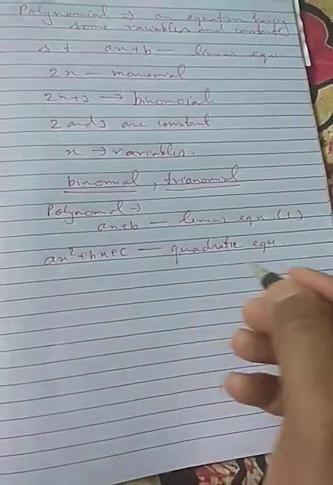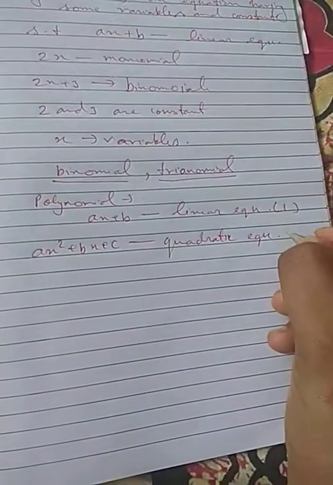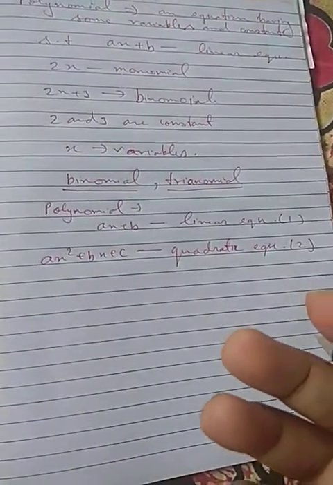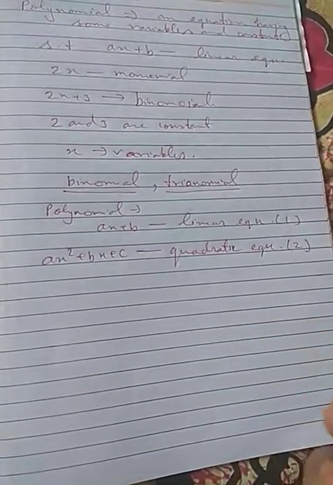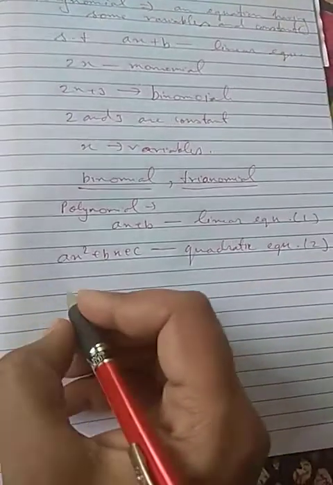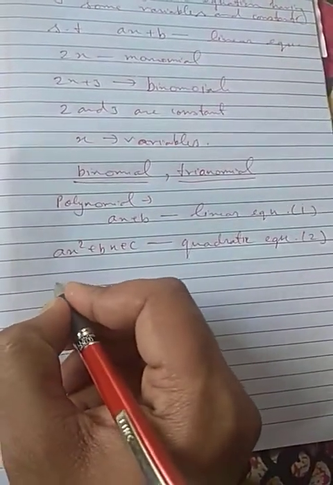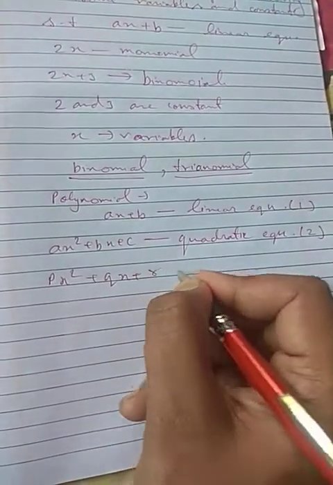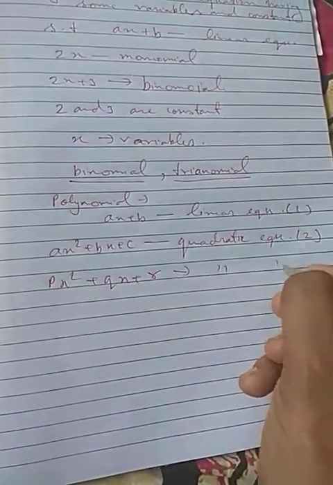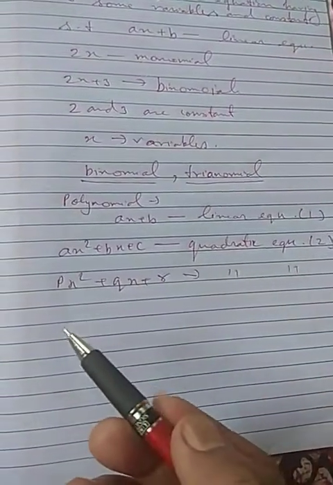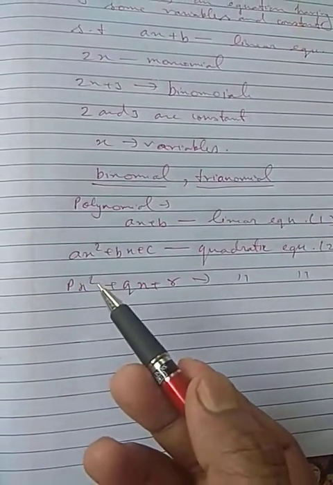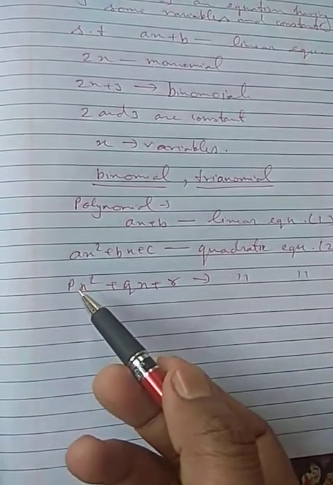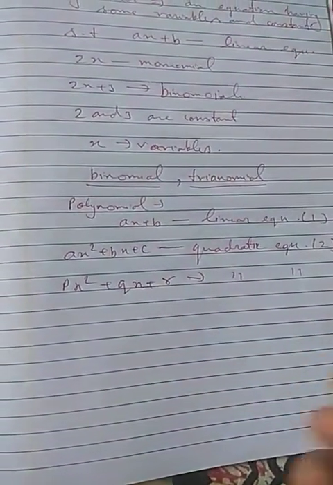And ax square plus bx plus c is a quadratic equation because it has degree 2. Similarly, px square plus qx plus r is also a quadratic equation with degree 2, because variable x has the highest power 2 in it.